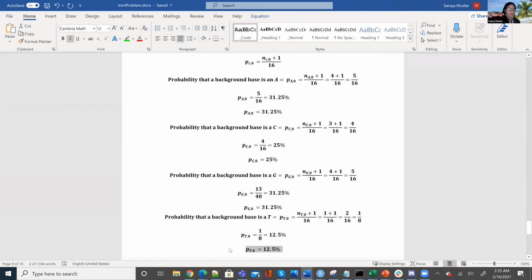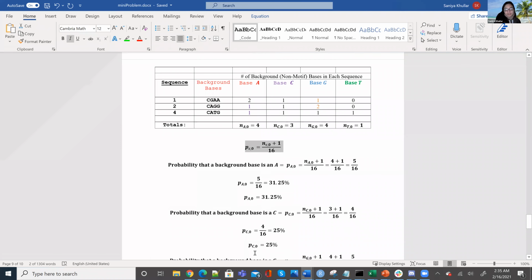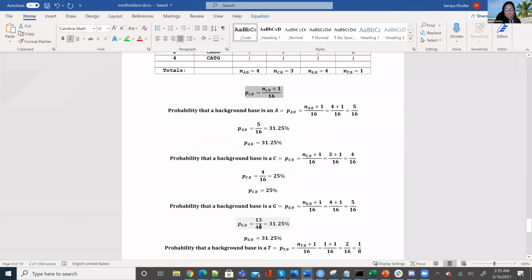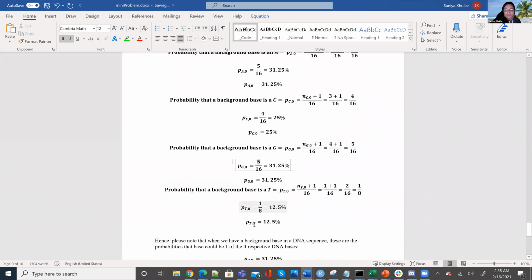So it got bumped up from 8.3% to 12.5% with the smoothing. So this is again how you find it. You plug in this formula, you take these counts, you add 1 to it, and you have 4/16. This should be 16 as well. This should be 5/16, my bad. And then out of 16, this is 1/8.